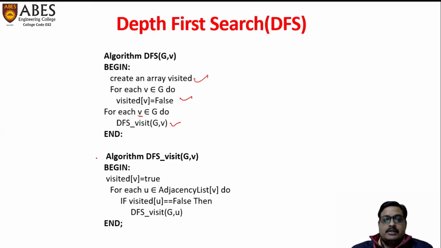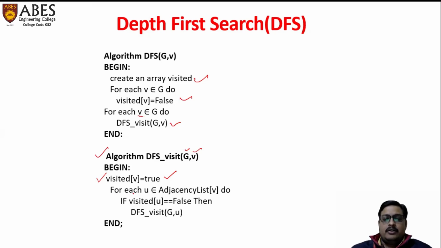So let us see what the DFS visit algorithm is. In DFS visit, G is the graph and V is the vertex from where we want to perform traversal. So we'll first mark this V as visited, or we can say we'll change the status of visited V to true.